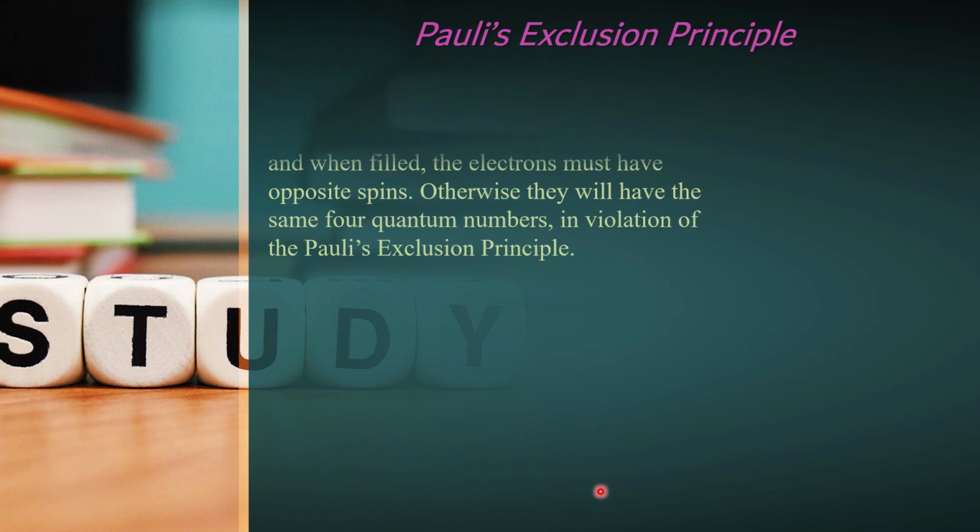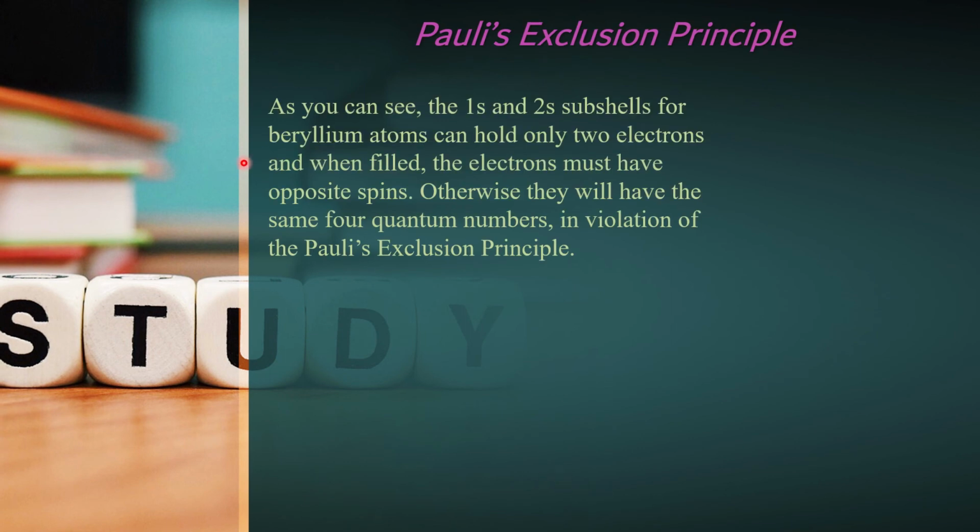Now look. As you can see, the 1s and 2s subshells for the beryllium atom can hold only 2 electrons each, and when filled, the electrons must have opposite spins. The electronic configuration of beryllium is 1s2, 2s2.